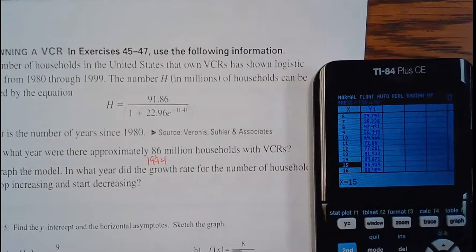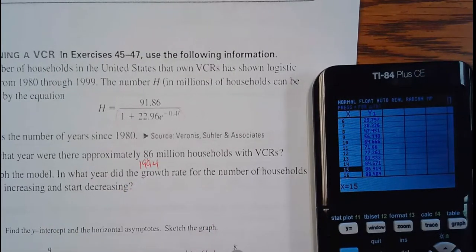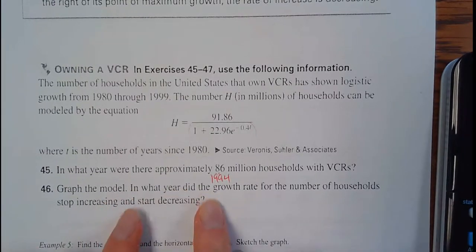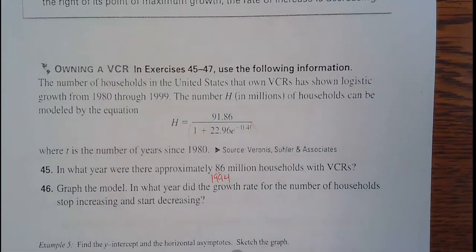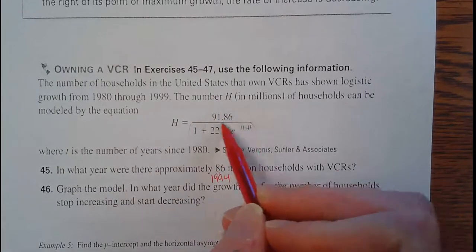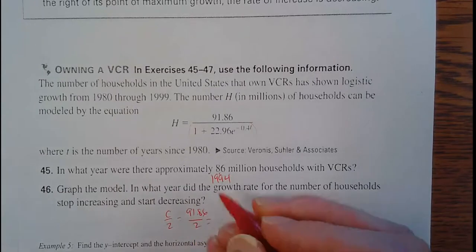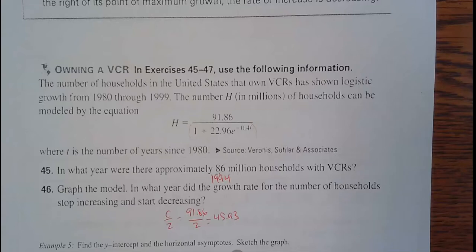So graph the model and what year did the growth rate of the households stop increasing and then start decreasing. So in what year? We would want to take the maximum, which is 91.86. I'm going to take that C divided by 2. So 91.86 divided by 2, and that would give me 45.93. So I want to know what x value gives me 45.93.